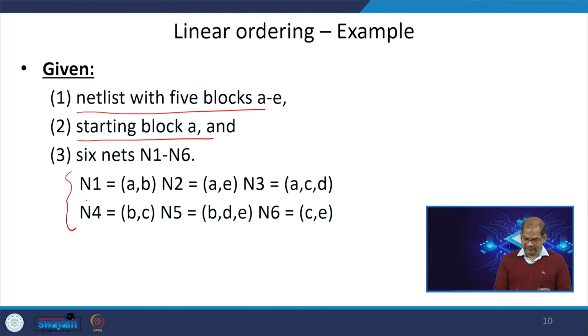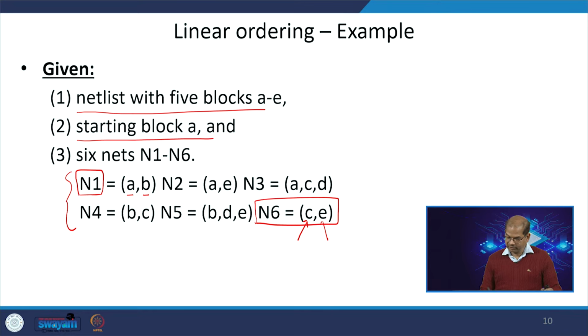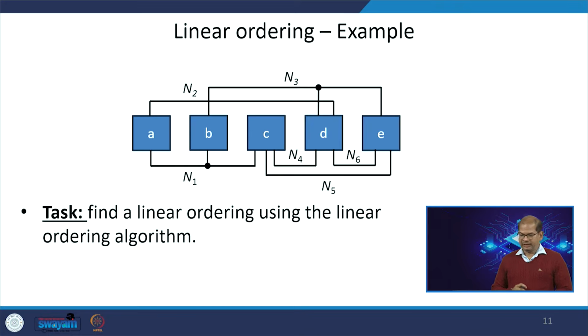N1 is connecting block A and block B. Take an example of N6: it tells us there is a net, or interconnect, or wire, between block C and block E. Now this is our initial placement, what is given to us.